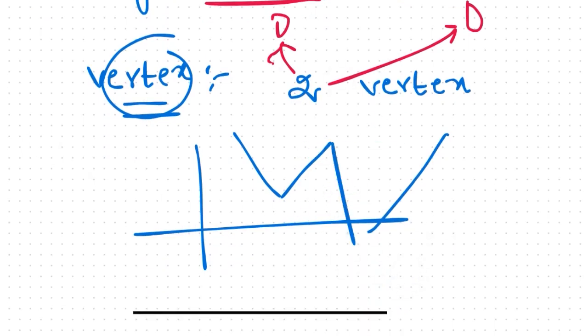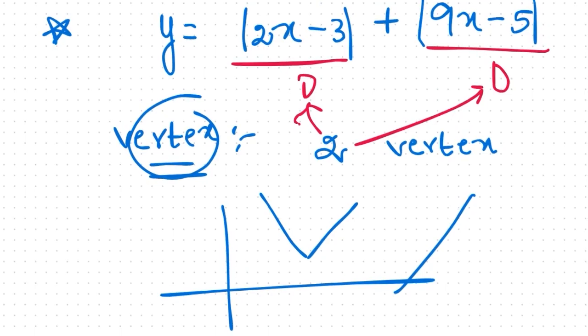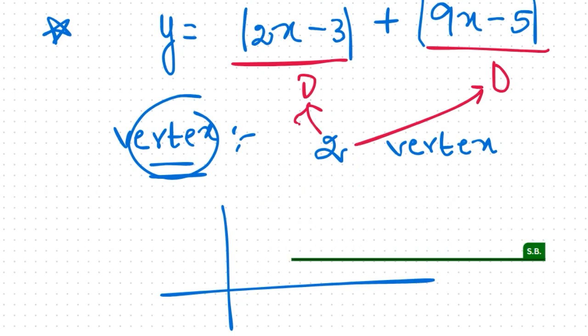So W instead of V, there are now two vertices like this. Okay, let's see how does that play out. So find the two vertices then first. First things first.